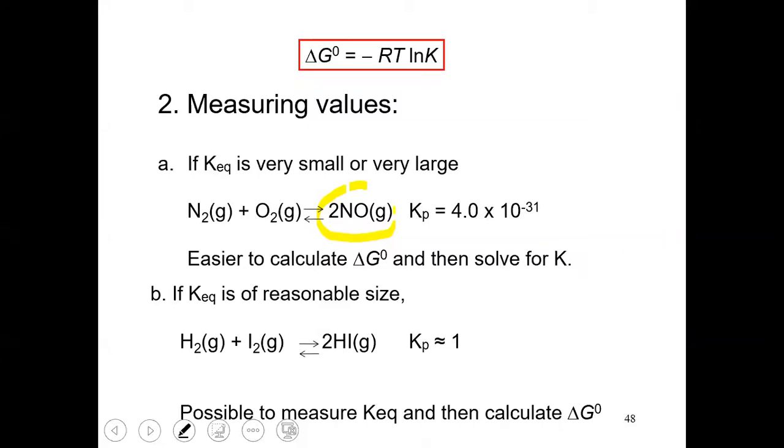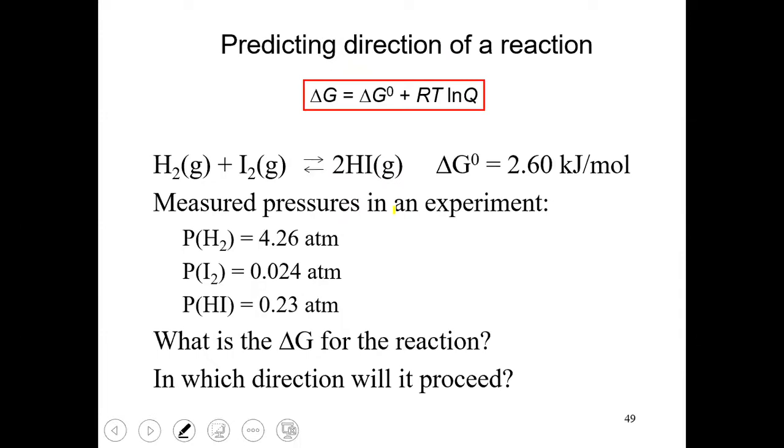All right, so let's go ahead and do a little practice exercise here. Let's set this up. I have a reaction here, and we have the standard delta G for this reaction. And we have, in an experiment, the measured pressures at a given point.